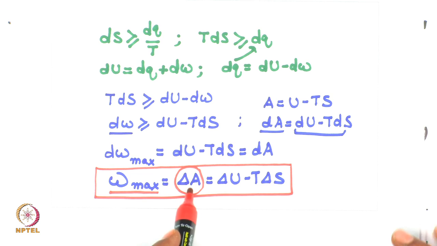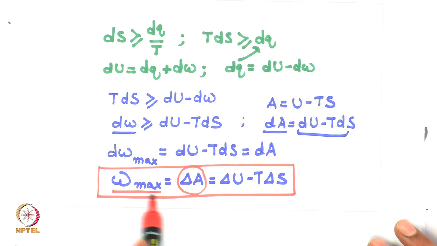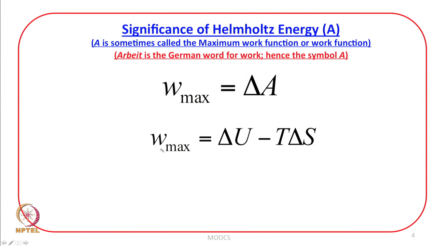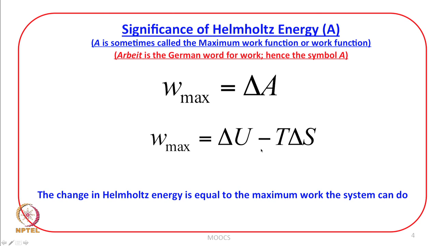And then in order to calculate maximum work, we should act upon the change in Helmholtz free energy. So, W max can be calculated from the changes in delta U and delta S. The change in Helmholtz energy is equal to maximum work the system can do.